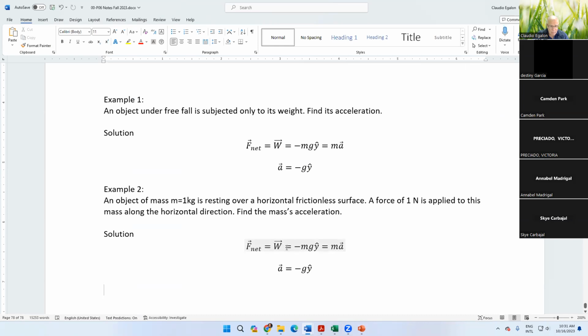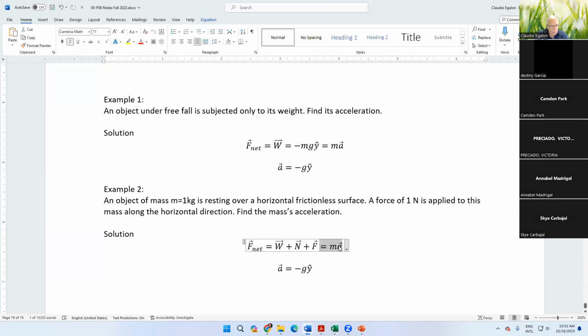Net force is going to be W plus N, right? Plus this force F. That's how we set up our problem in a vectorial fashion.